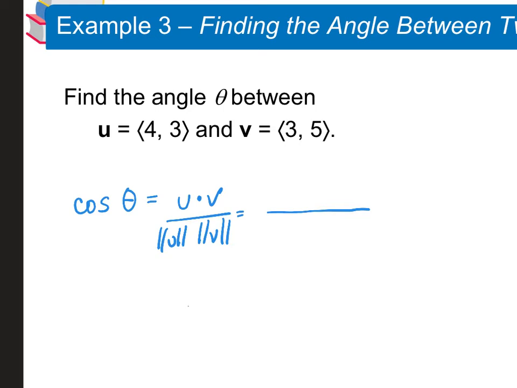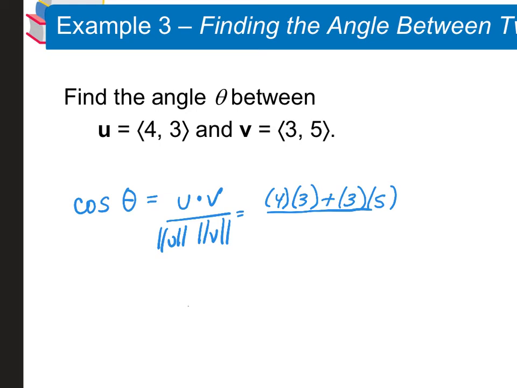But if we do the dot product on the top, how do we find the dot product again? First times first plus second times second. So literally, guys, you're saying 4 times 3 plus what? 3 times 5. Does anybody have any questions? All right, now let's fill in the bottom.